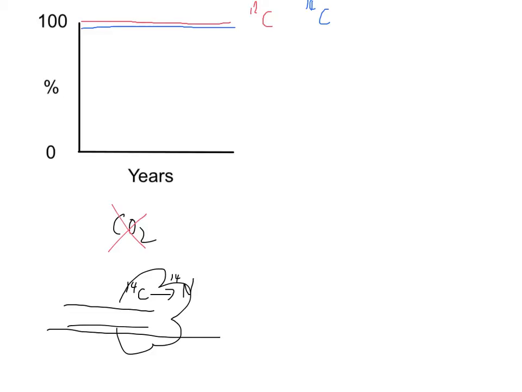Over time then, instead of remaining constant as in a living plant, the carbon 14 will slowly decline, getting smaller and smaller and smaller. Now this decay and reduction in carbon 14 can give the age of the organism.